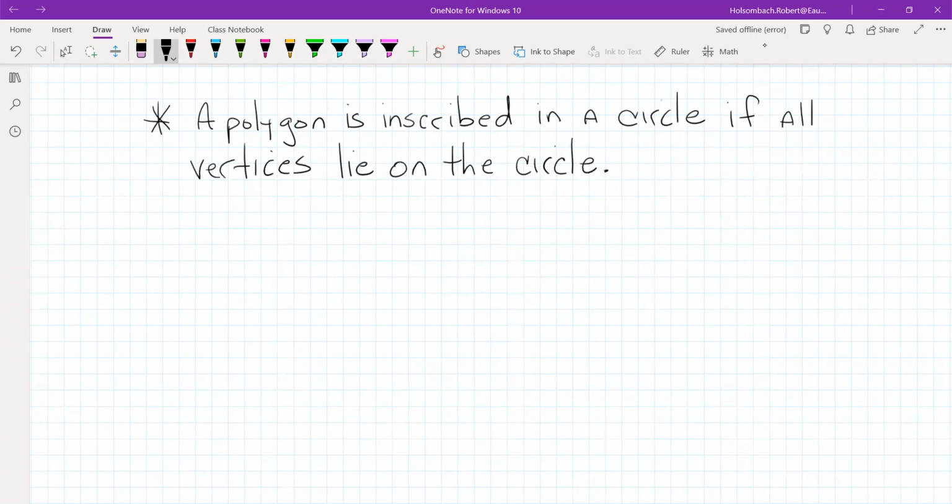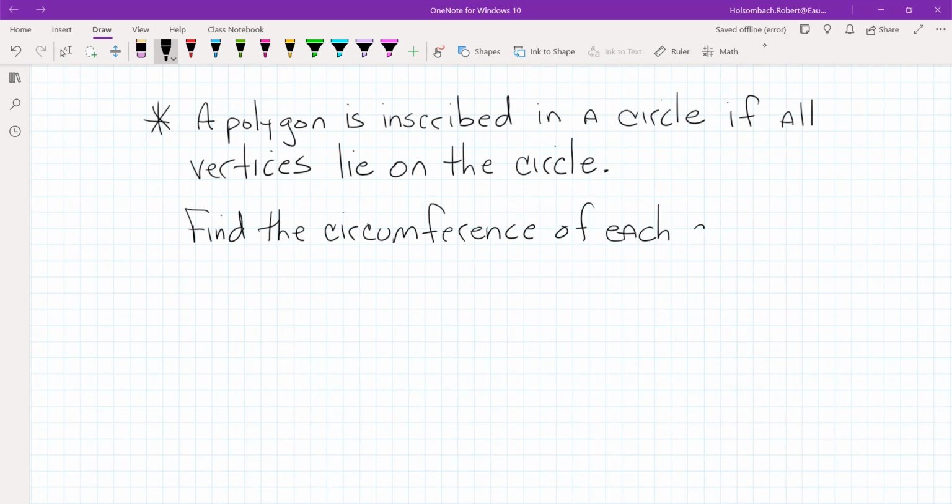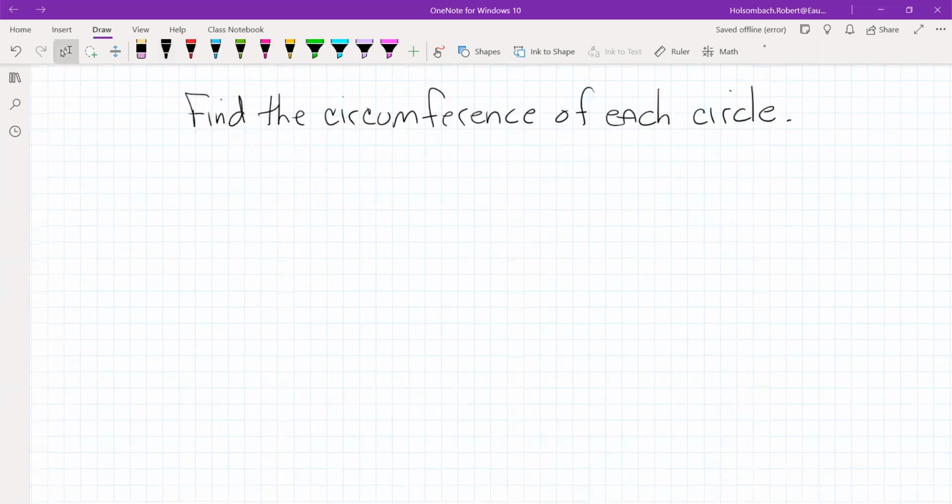So look, we're going to find the circumference of each of these circles. And we're going to put a circle right here.